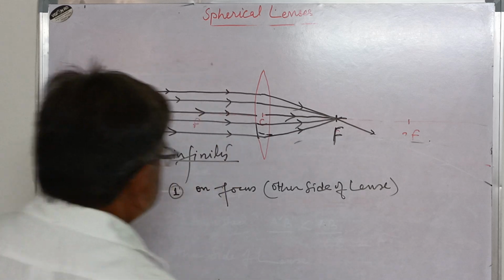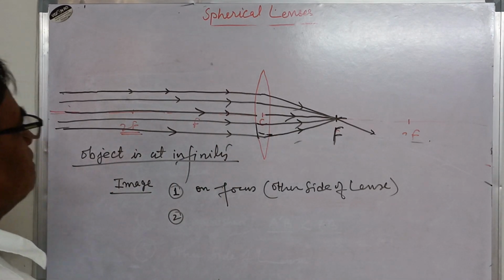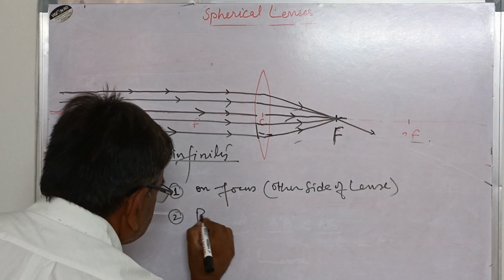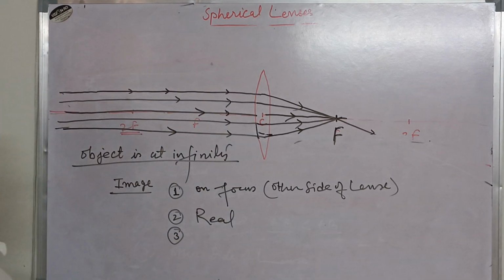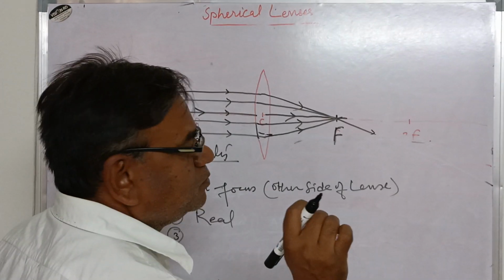Number 2, since rays are meeting, actually they meet at this point, so it is real. Number 3, all the rays are meeting at a single point, a pinpoint.